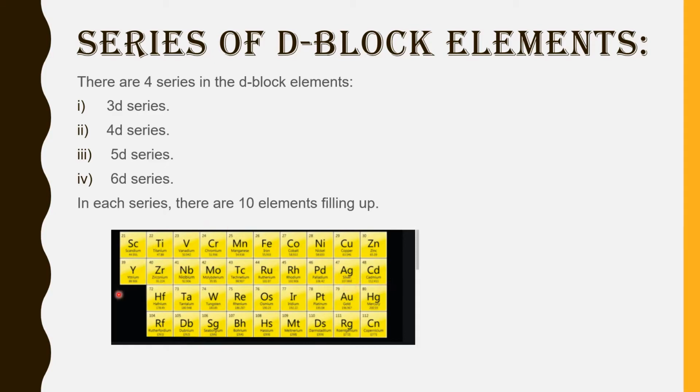In 5D series, as we know, the first element belongs to F block, that is lanthanum, then hafnium, tantalum, tungsten, rhenium, osmium, iridium, platinum, gold and mercury.